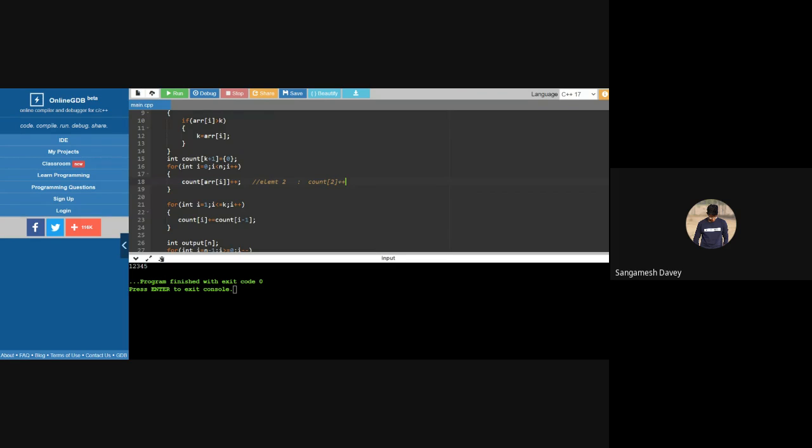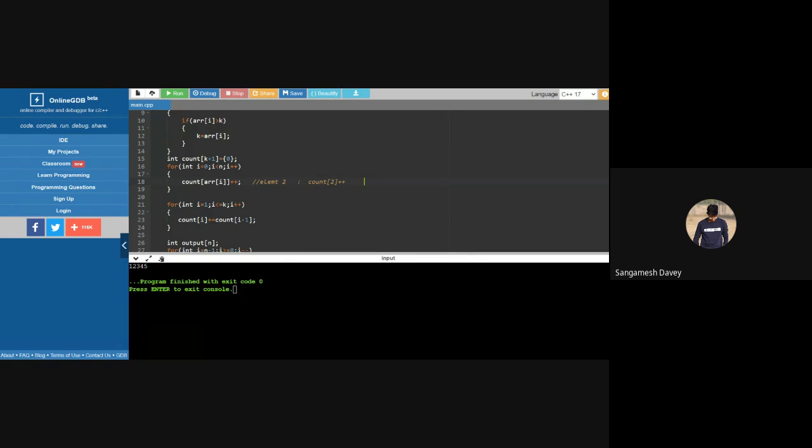Okay, see here. What is the first step? I'm trying to see how many times each element is there in the array. Over here, if the element 2 is there, in the box of 2, I should do plus plus. So count of 2 plus plus.